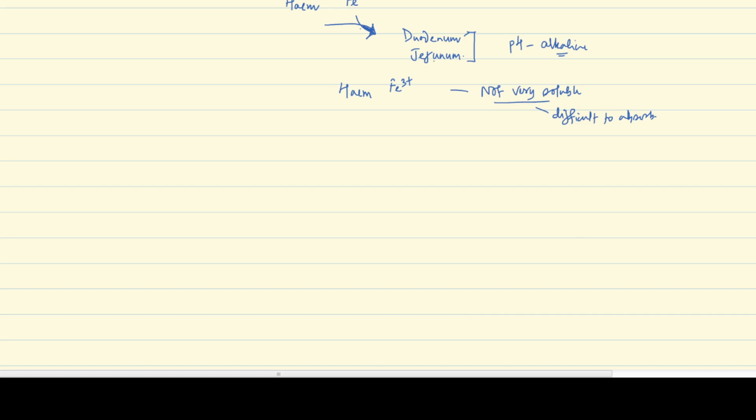Remember, heme and the ferric salt are present within the duodenum. So maximum absorption, we said, takes place in the duodenum. So this duodenum, there are cells here.